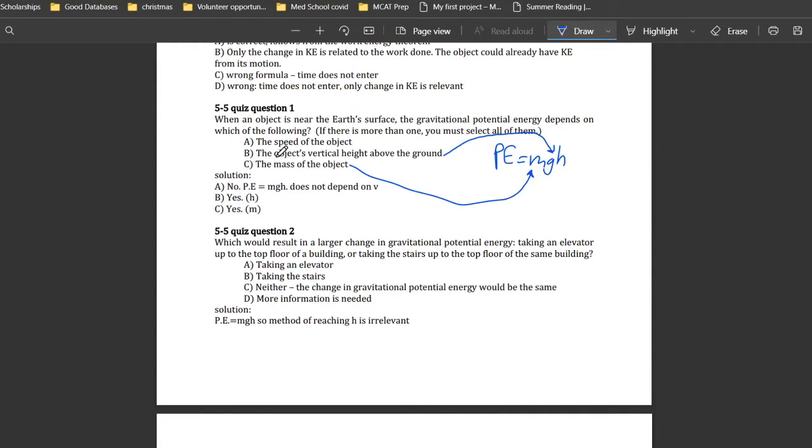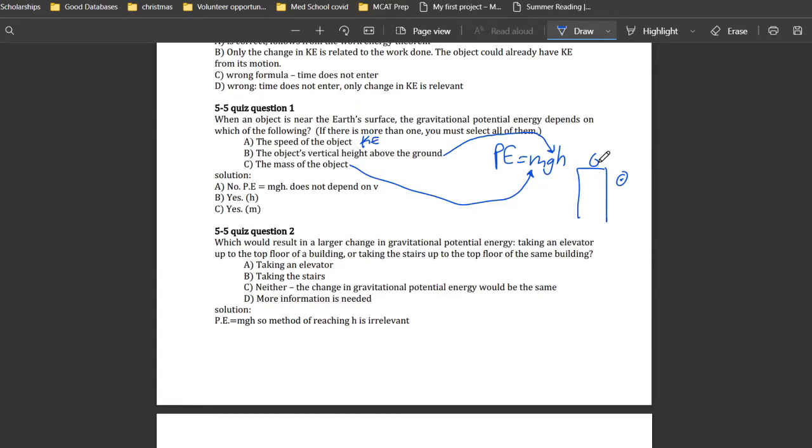And when we're considering the potential energy, whether it's in free fall, if it were falling and you're measuring it at an instant, or if it's staying still on some surface, the potential energy is not dependent on the speed of the object. The speed of the object would help determine the kinetic energy, but the potential energy would not be affected by the speed of the object.